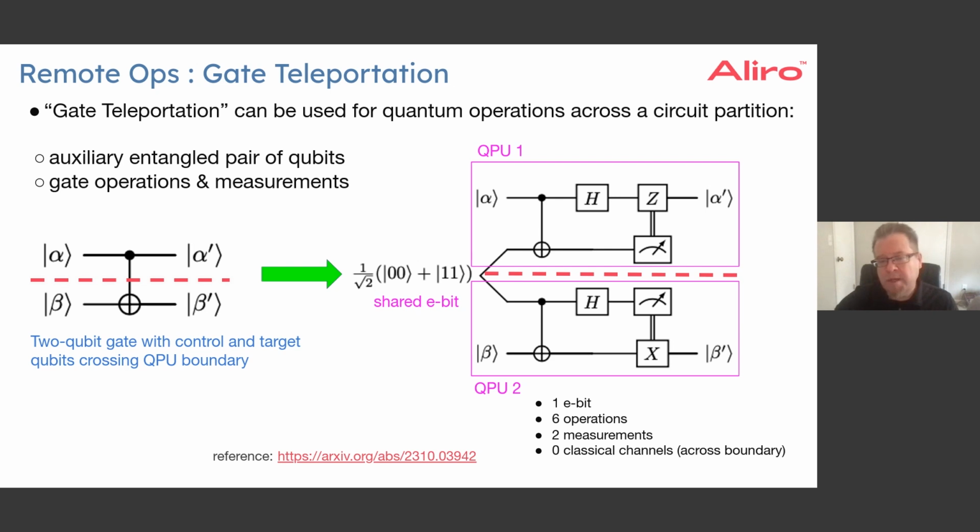In this case, the resources we required were 1 E-bit, 6 operations, and 2 measurements. We did not require any classical channels across the QPU boundary.